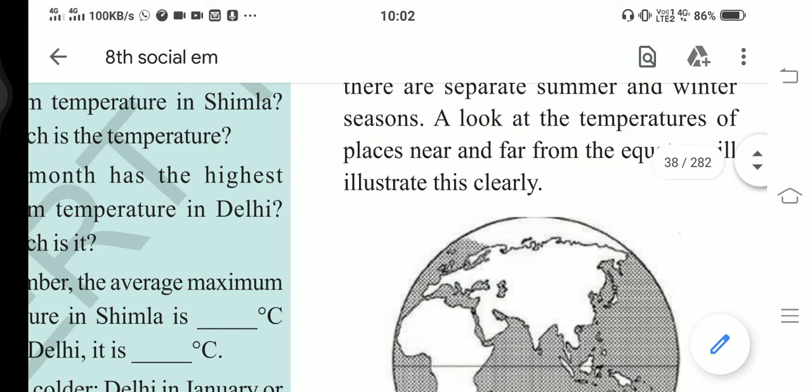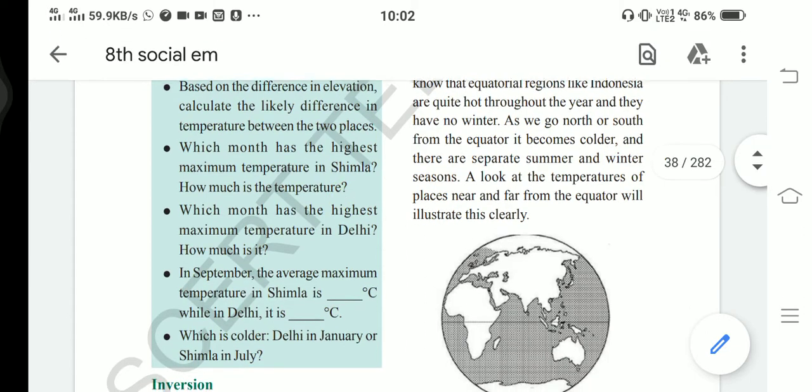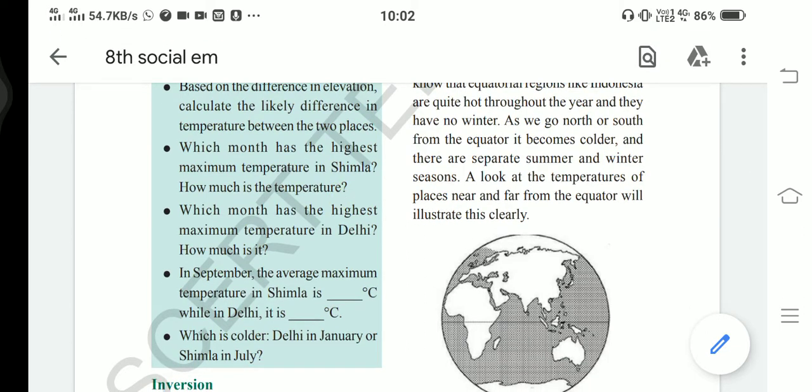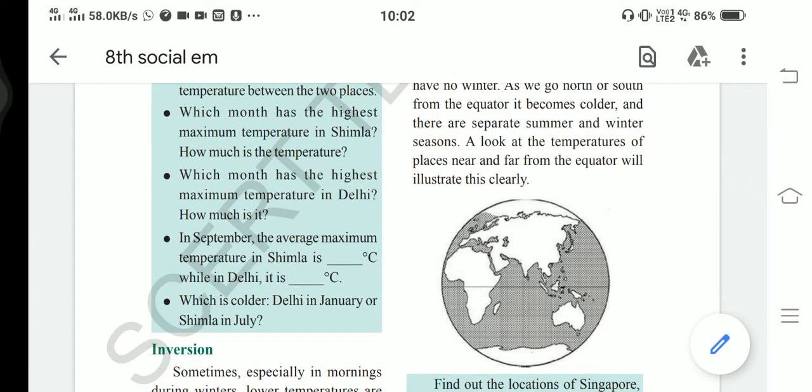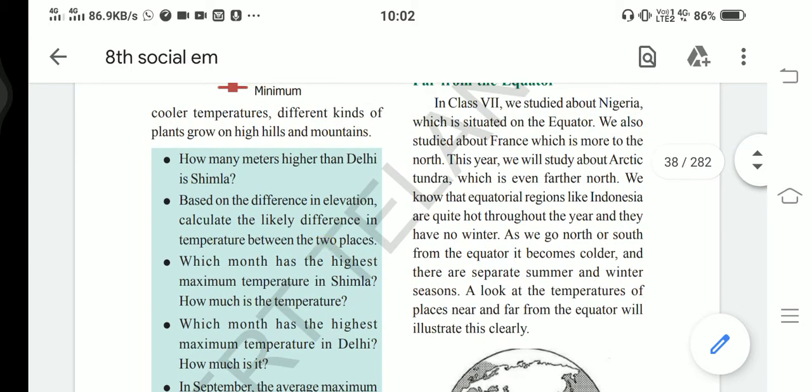So far we have completed three factors regarding the temperature, that is, the temperature influences. One, we have seen that the temperature at a place which is near to a water body will be moderate. That is land and water distribution, which we have seen, taking the example of Hyderabad and Goa.